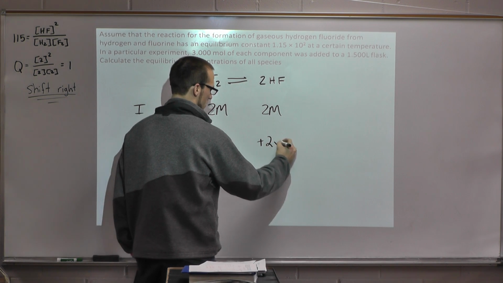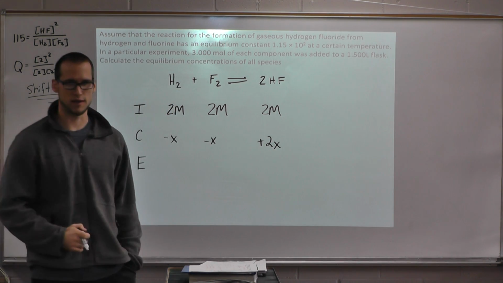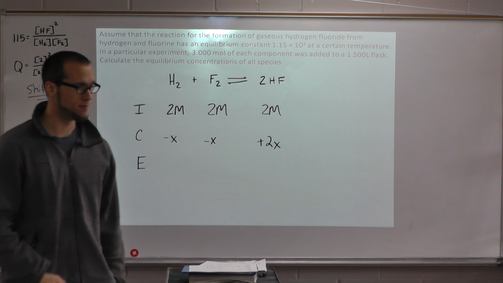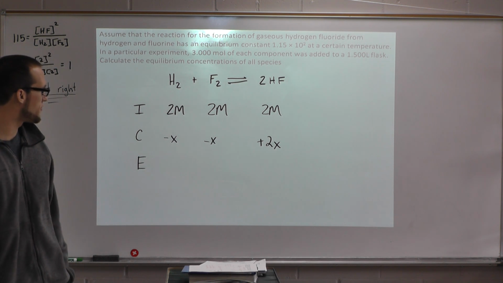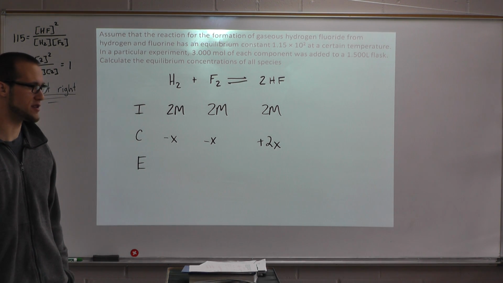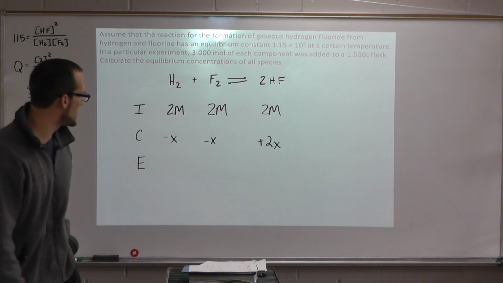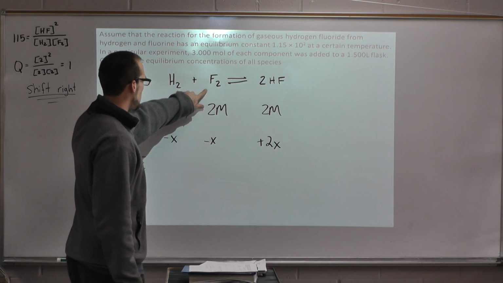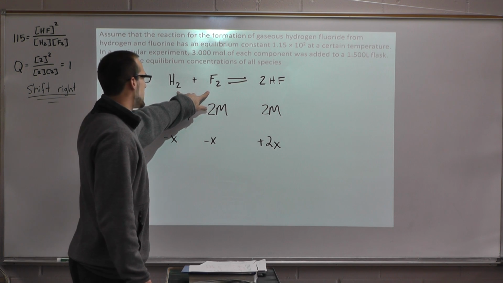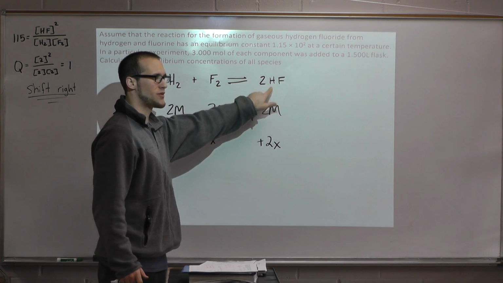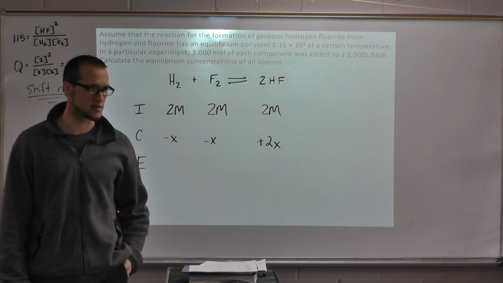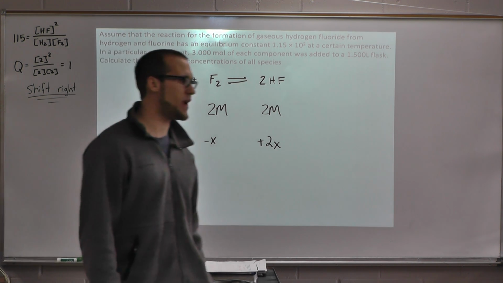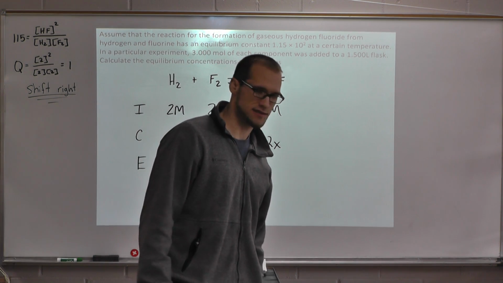Everybody see what I did up here for this change? A little bit different than what we did last problem. Our change for the product in this situation is going to be 2x. This should make sense. I'm going to react these reactants, but I'm going to produce twice as many products based on the coefficients. So my change should be twice that of my reactants.